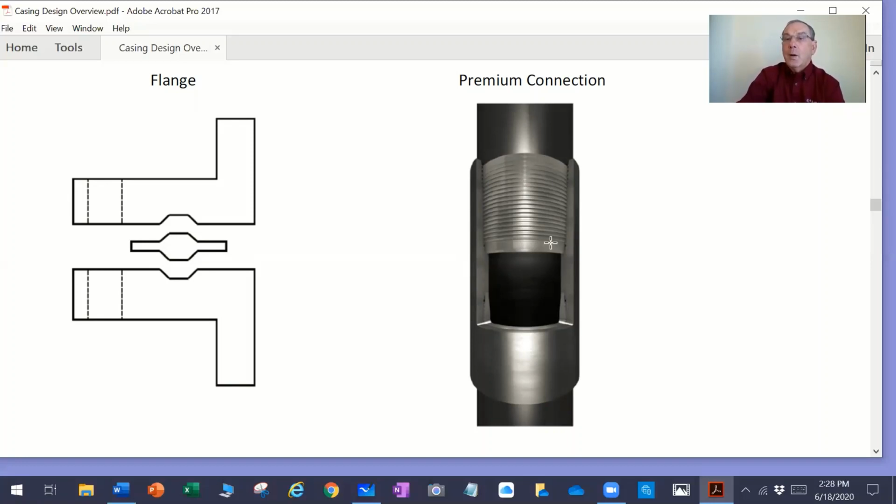In order to make this up and break it out without damaging it, we have to have good quality control on the torque value, so that a certain amount of torque put into this pin when we make it up puts high enough stress on this metal to metal seal to be an effective seal, yet does not go over its yield strength and damage it or gall the connection.